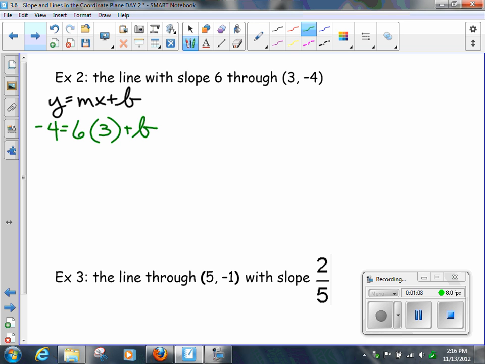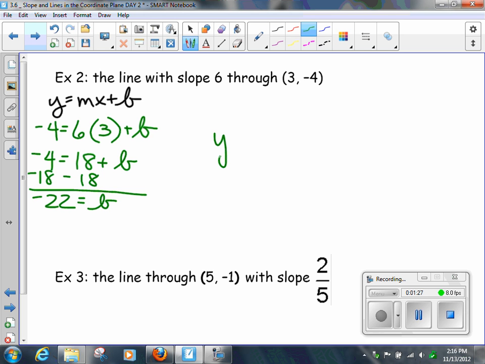Okay, you guys agree with that? All right, here we go. I got -4 is equal to 18 plus b. Now what, Kevin? Subtract 18. -22 is equal to b, and now what? Plug it into the equation.